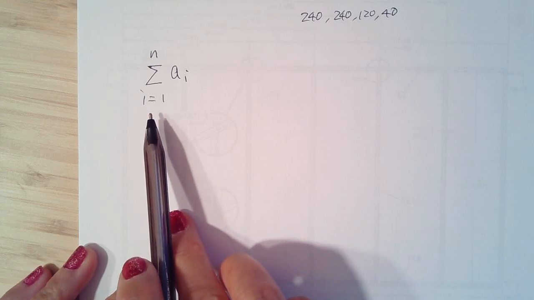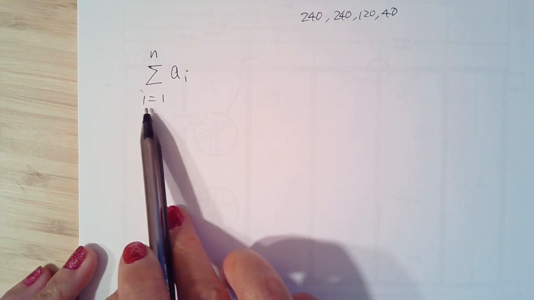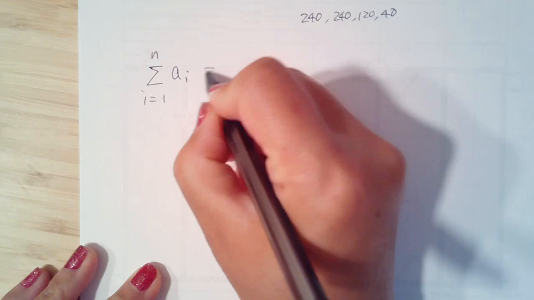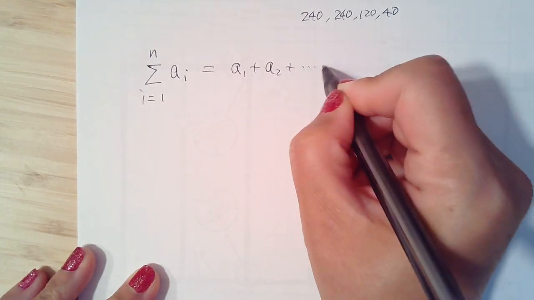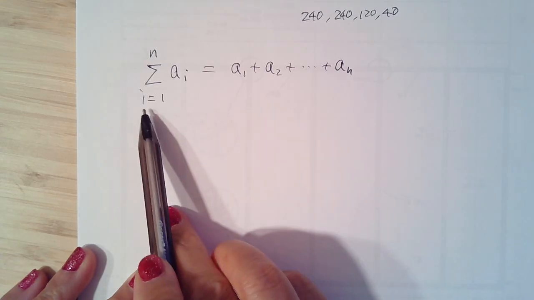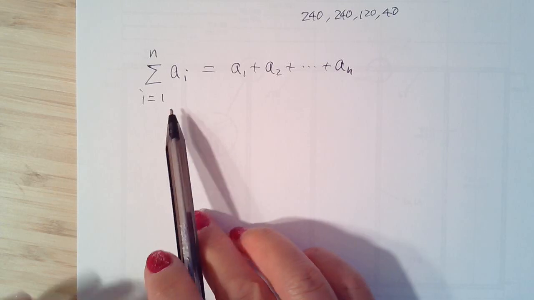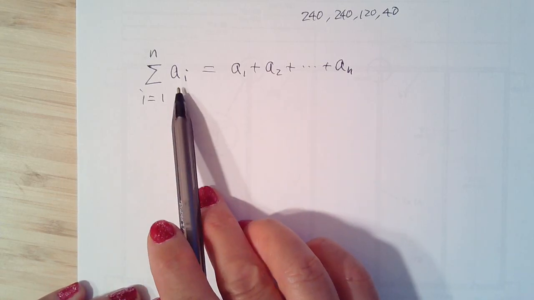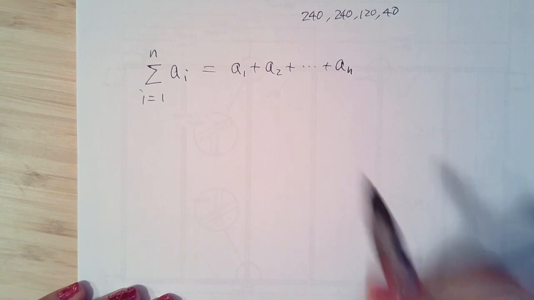This is the index of summation. That's why we use little i, but it doesn't matter. So i goes from 1 to n. That means I need to add a1 and a2 and all the way to an. So I need to add those n terms. You can count. There should be n terms.